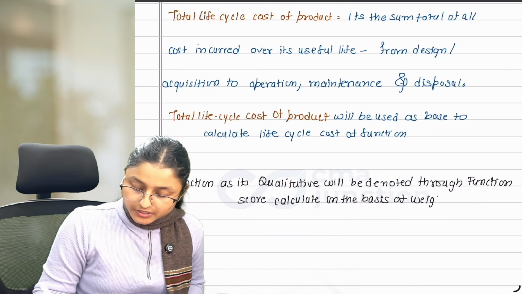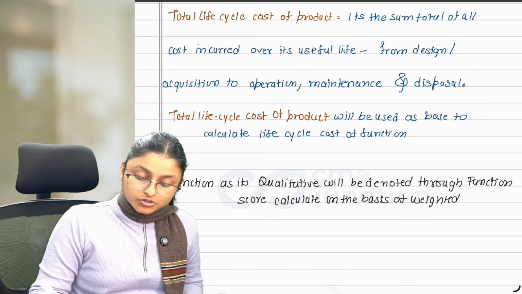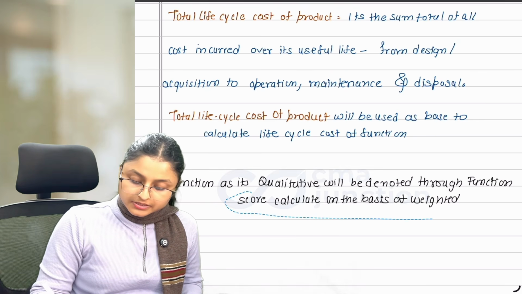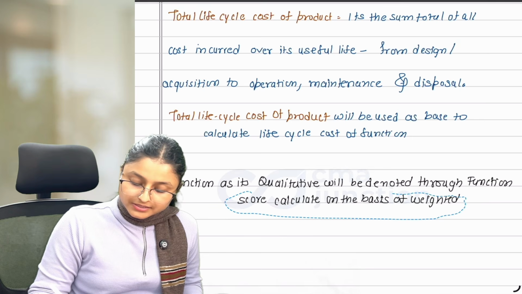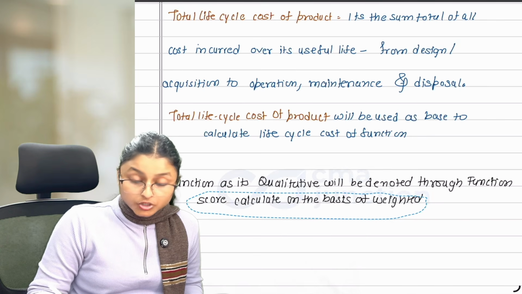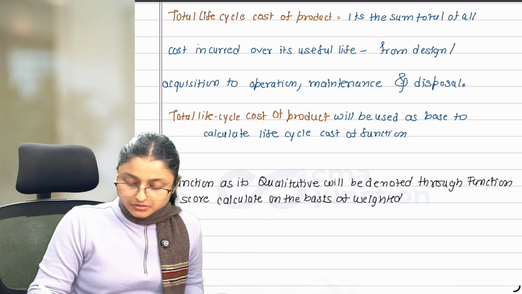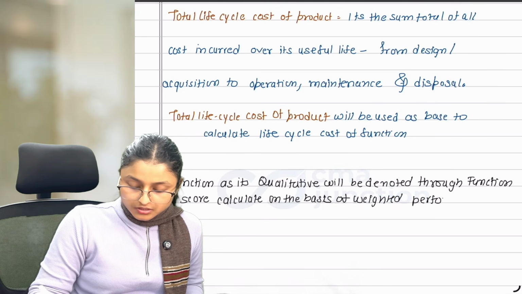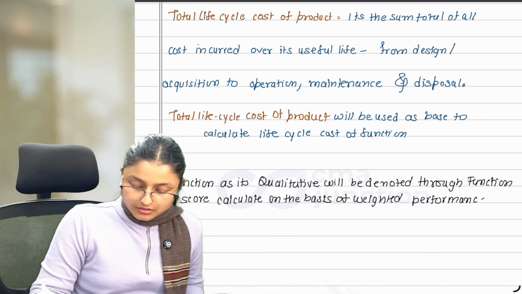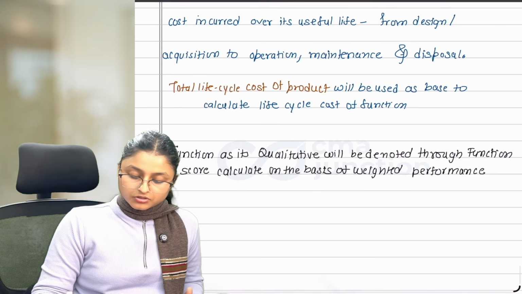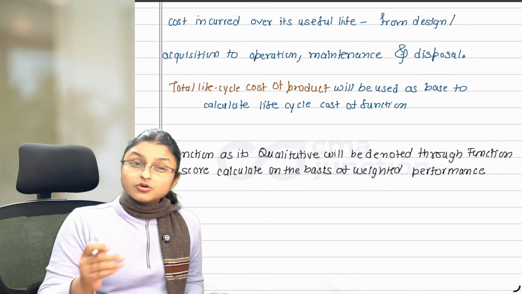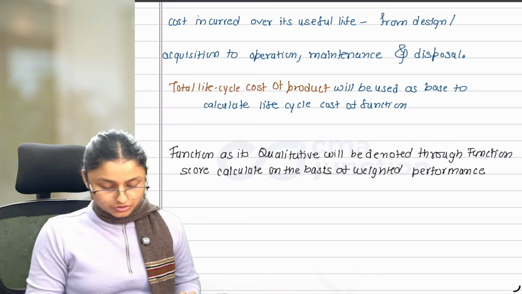I have already told you the specific steps, but those steps are not required in the exams. They are good for understanding, but not required for exams, and that is why we are not writing it here, right? So we'll only write that function score is calculated on the basis of weighted performance. We need not write the steps to calculate function score. Done?